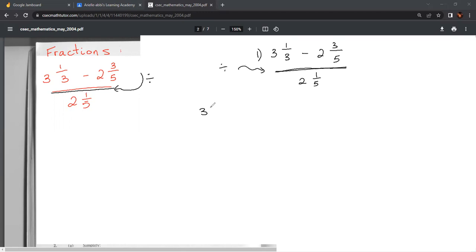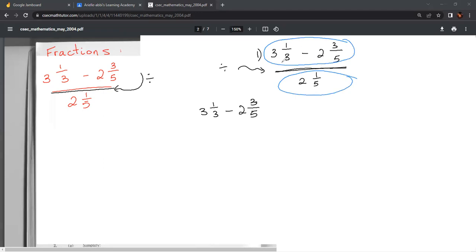So I'll end up with 3 1/3 minus 2 3/5. Now, what this is telling me is that I want to divide whatever is up here by whatever is down here. And in order to help me do that, I can use brackets, right?